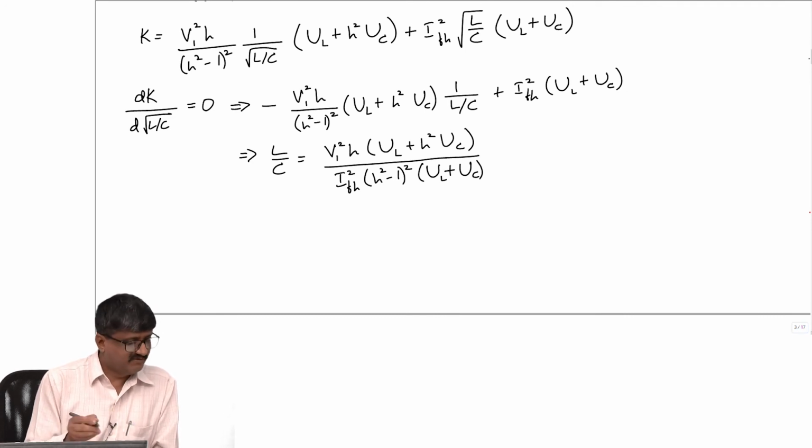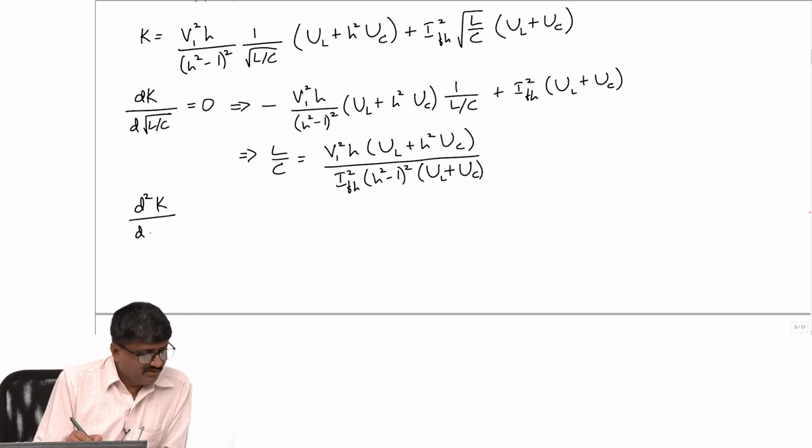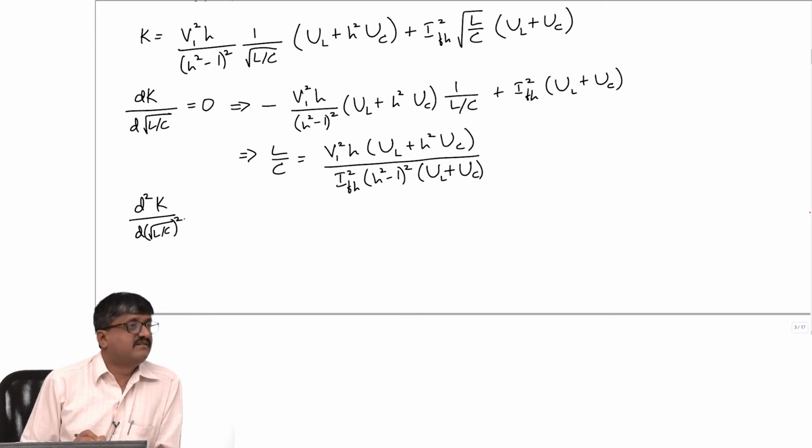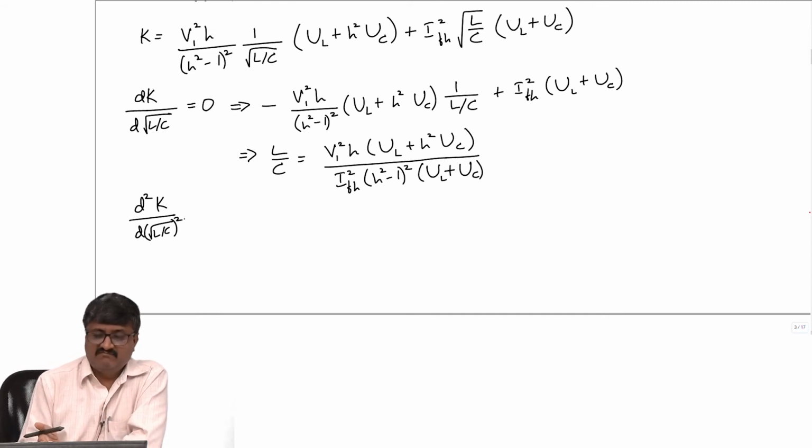We are minimizing. So, I take the second derivative of K with respect to root L by C, evaluated at the value which is just now obtained. What is the expression for the second derivative of K?